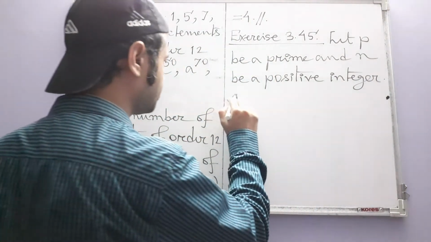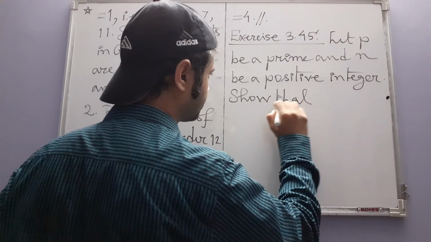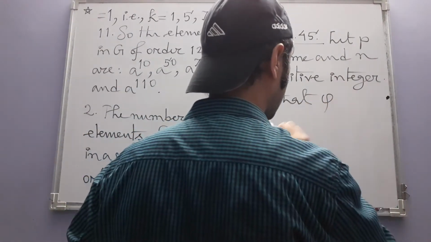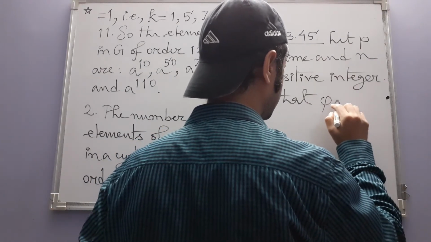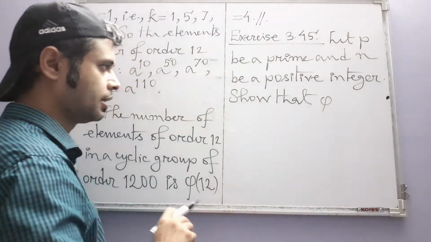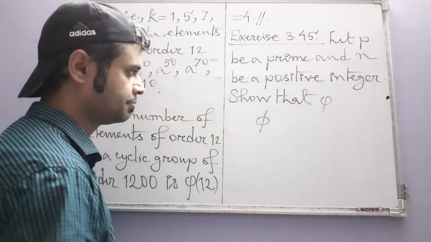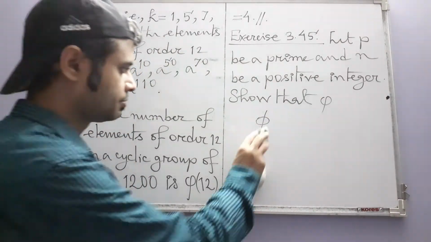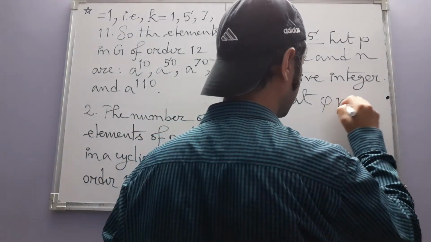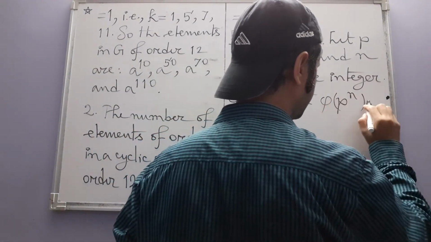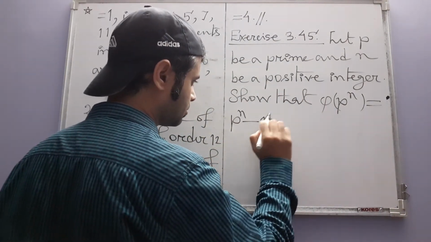Show that the Euler phi function value, here in this text they are using this variant of phi, if you want, you can write like this also, of p to the power n equals this.